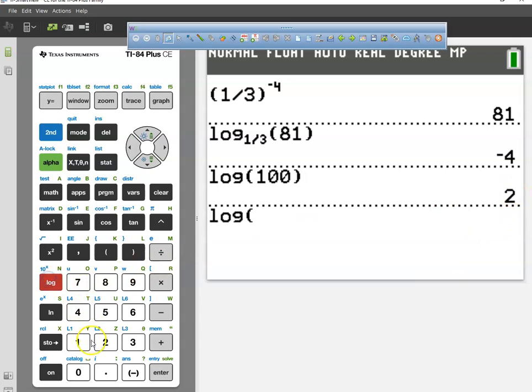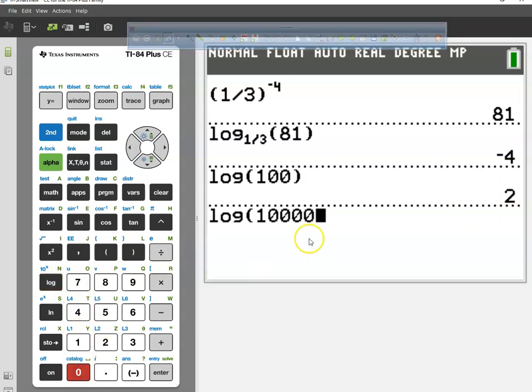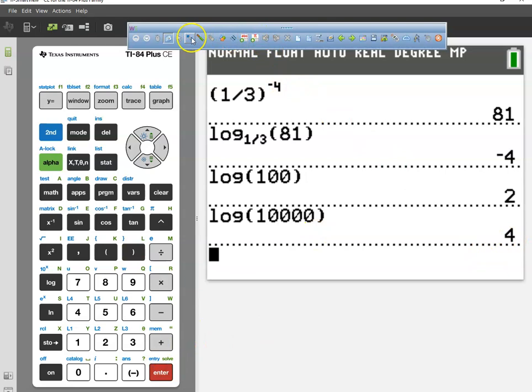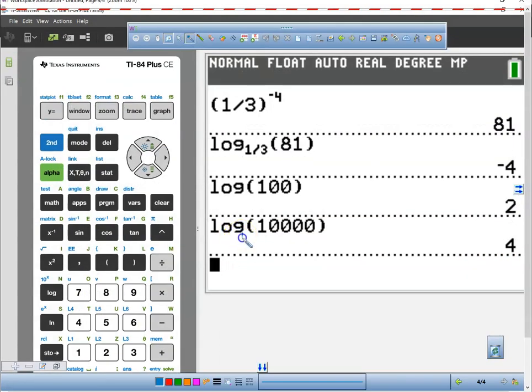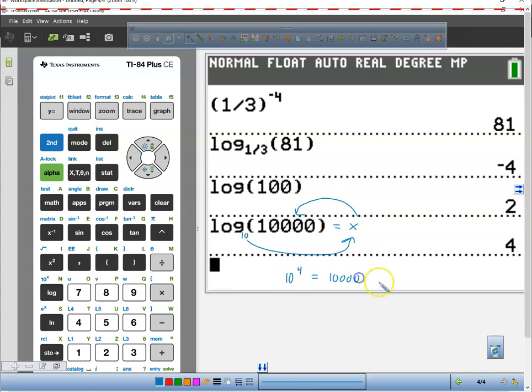If I said log of 10,000, how many zeros do you see? There we go. So what does this mean? This simply means, even though you can't see it, this is called a common log. That's base 10, even though you can't see it. So if I were to do the around the world method, 10 to the power of 4 equals what? 10,000.